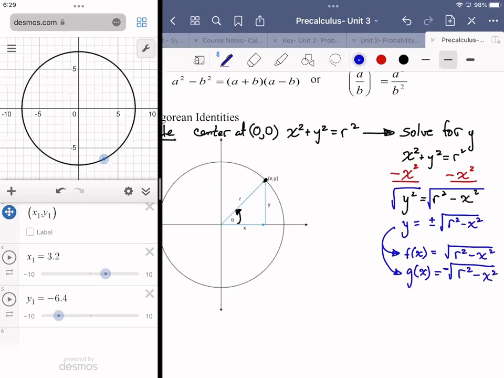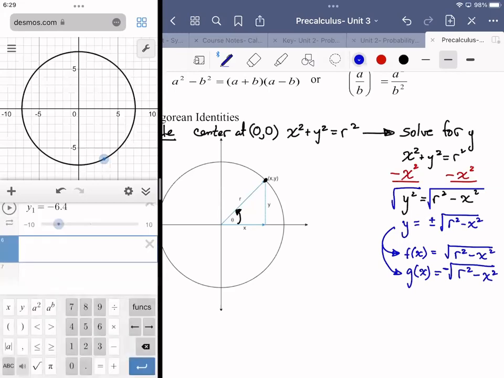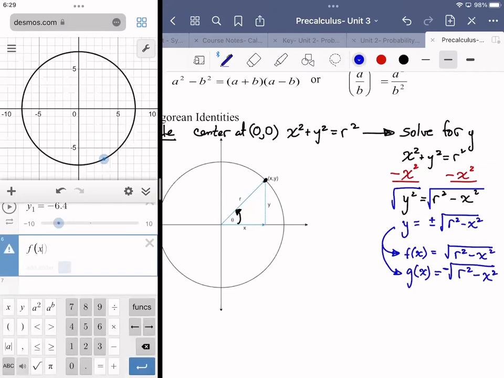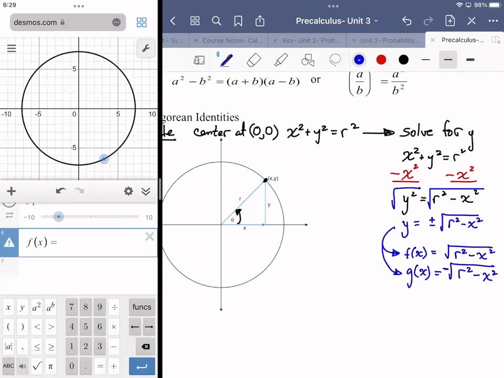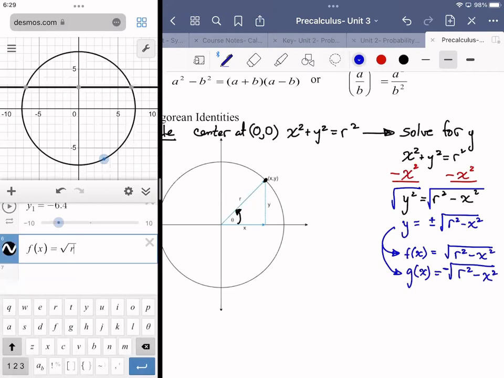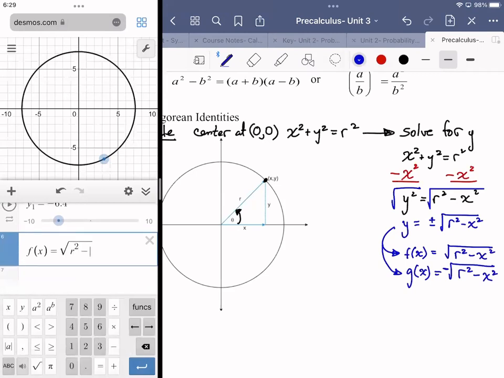Now, if you just take a look at what happens when I plot this, it's pretty cool. I'll write it as f of x is equal to the square root of r squared minus x squared.